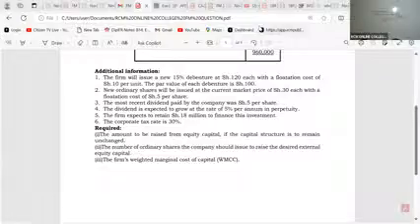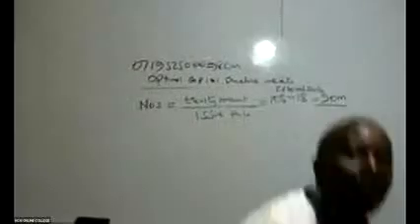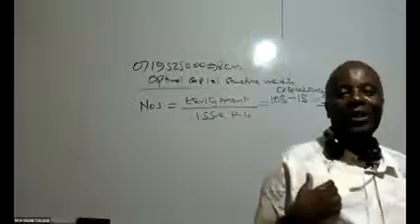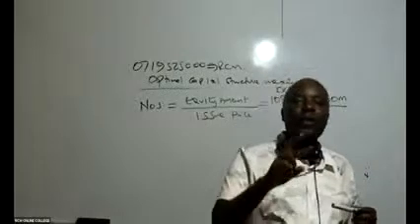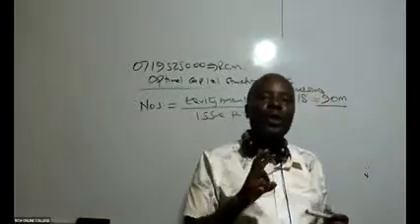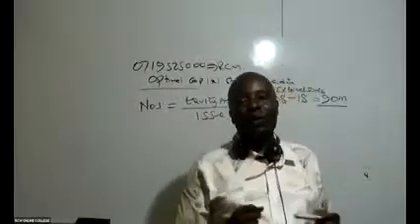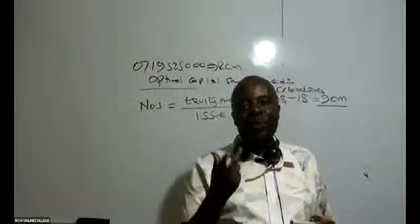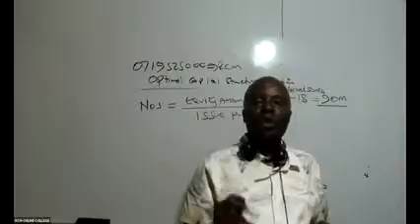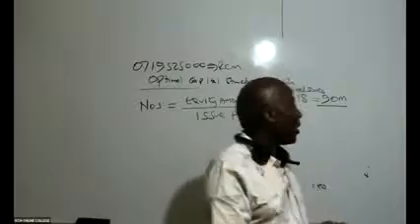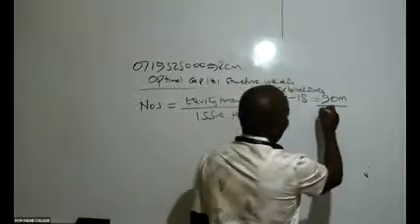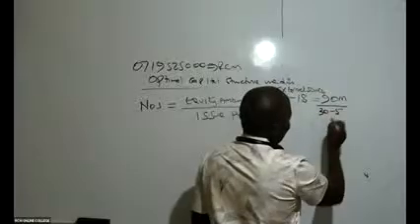So it is not the whole 30 which will be hitting our accounts. Our issue price is always net of any flotation costs, net of any discounts. So therefore, this will be 30 minus 5.